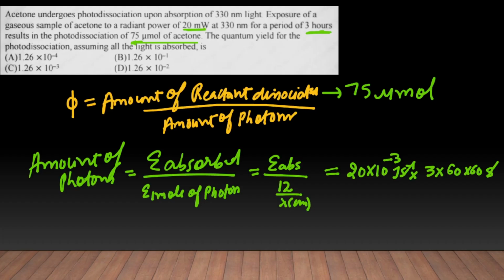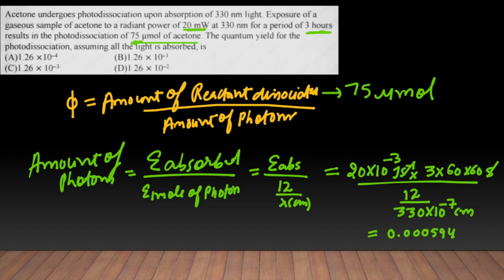You get the energy in joules upon 12 upon the wavelength, which is 330 nanometers. So it becomes 330 into 10 to the power of minus 7 centimeters. On solving all of this, we will be getting the value as 0.000594.